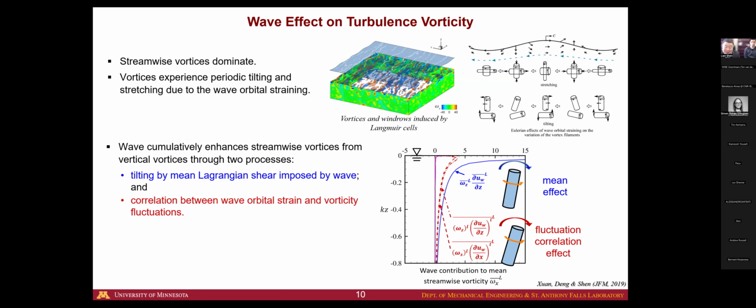So the net effect is that they oscillate, but meanwhile they are turning clockwise at the same time. These two processes work together to generate the vorticities in the Langmuir cells.